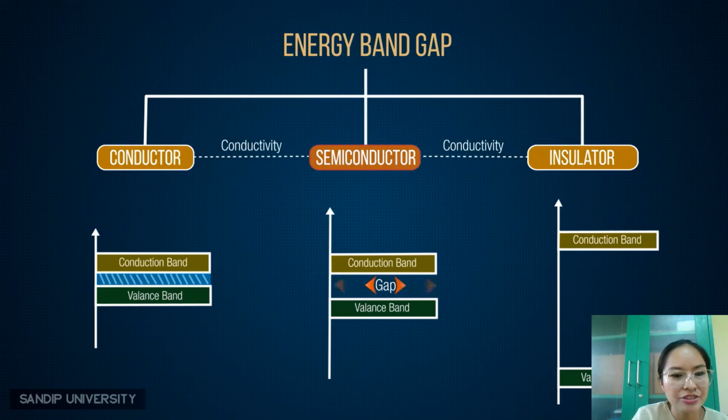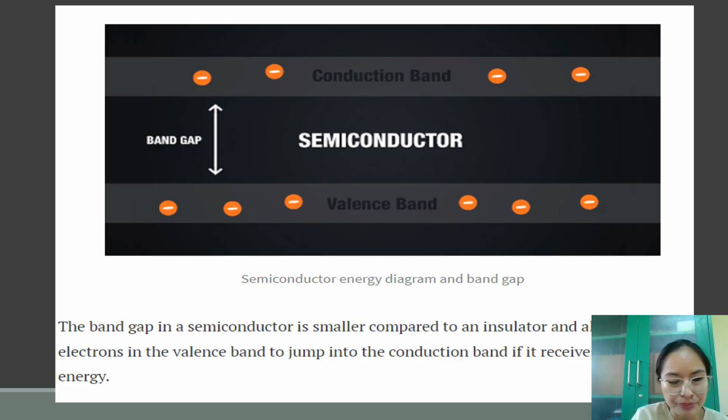Now for semiconductors, look at the gap. It's only small compared to an insulator. So there is only a small amount of energy needed for electrons to jump from the valence to the conduction band. If it receives extra energy, the electrons can easily jump because of the small gap.